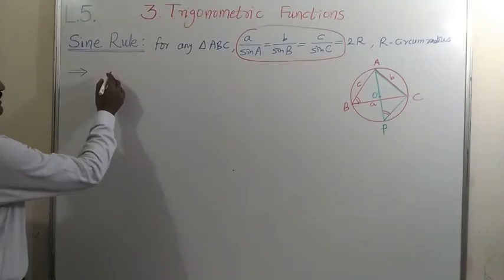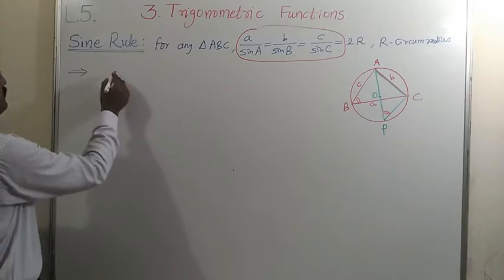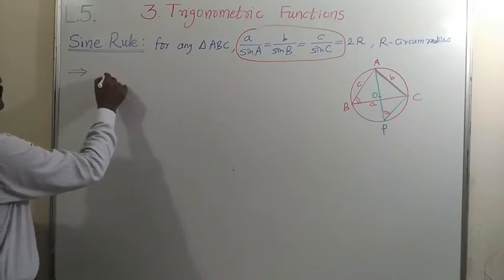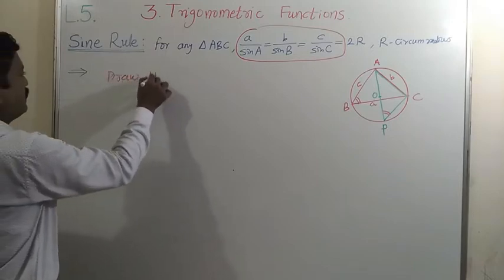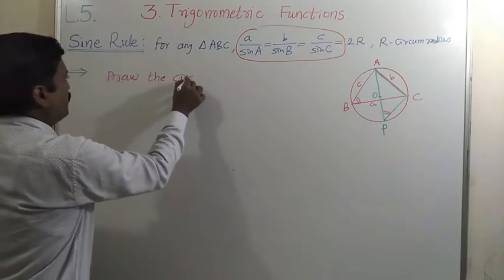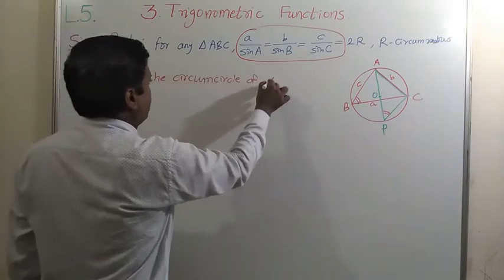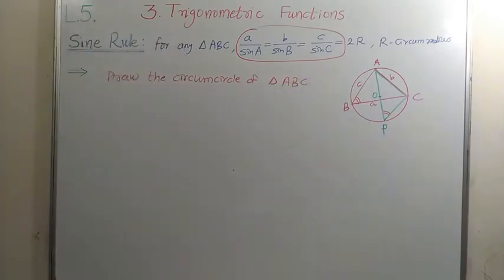So I am writing here. In the proof part you will write: draw a circumcircle of triangle ABC.